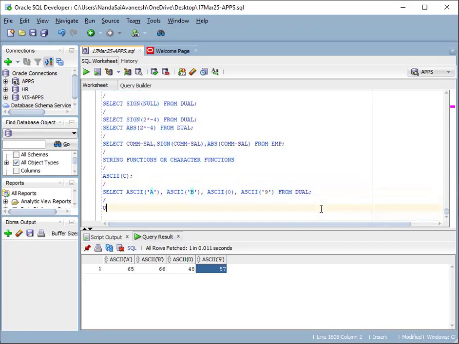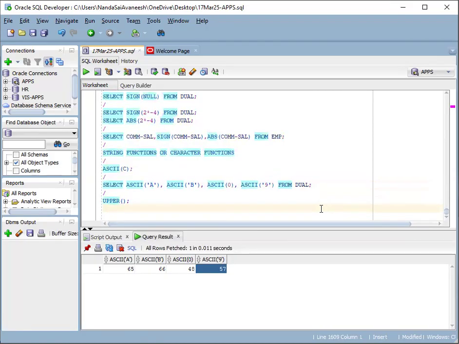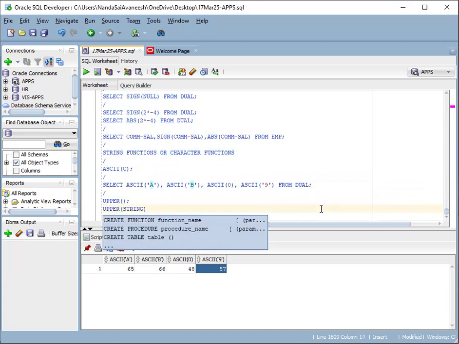Same way, the upper function. It is used to convert the string into upper or capital characters. Syntax is upper of string.